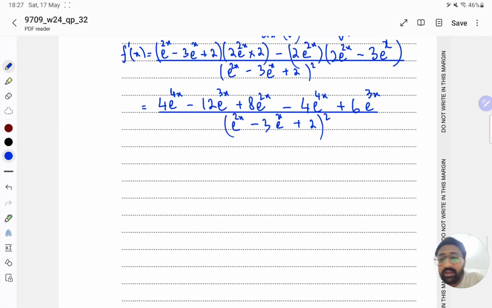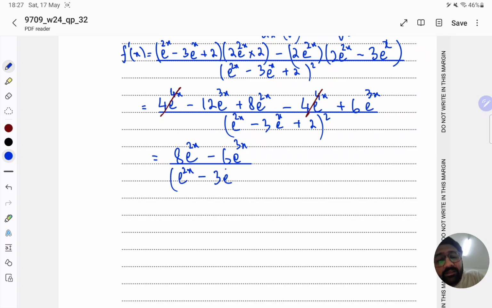If I simplify, these two are the like terms and they can cancel. Yes, there are others as well. They are going to give me minus 2 this, it will be 8 e raised to the power of 2x, 6 e raised to the power of 3x, divided by the denominator as it is.